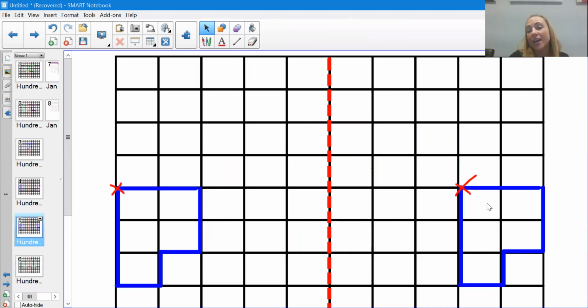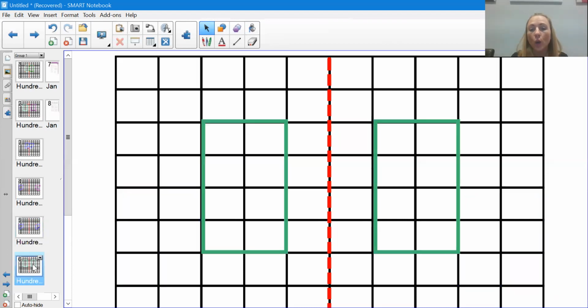Either we don't flip the shape, which means that each point is not equal from the mirror line, or we have done the right thing to the shape, but it's not the same distance from the mirror line and it needs to be the same distance.